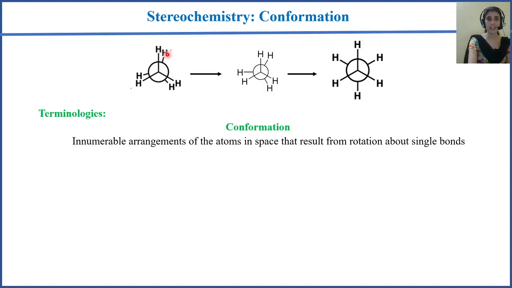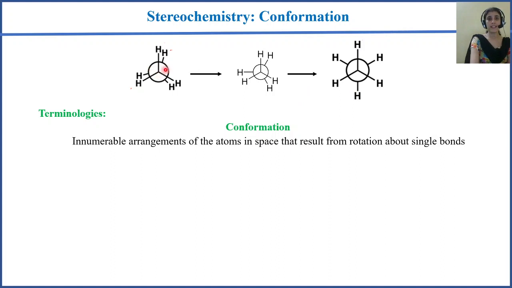That is, this hydrogen goes over here like this, this hydrogen goes over here, and this hydrogen goes over there. Now, if we slightly rotate these 3 hydrogens again, we can end up with this conformation.